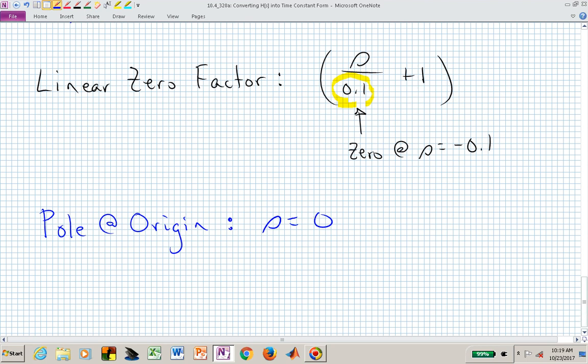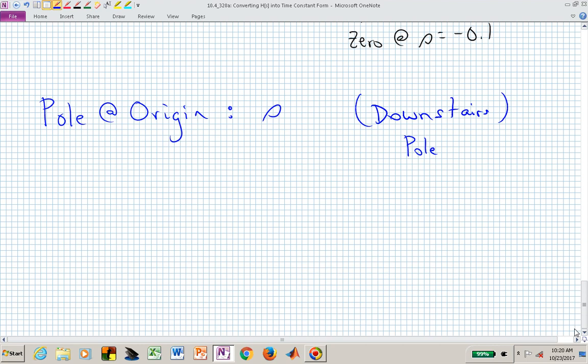So that's when, well, I should write these as factors. Our pole at the origin is now our factor s, and that's downstairs since it's a pole.